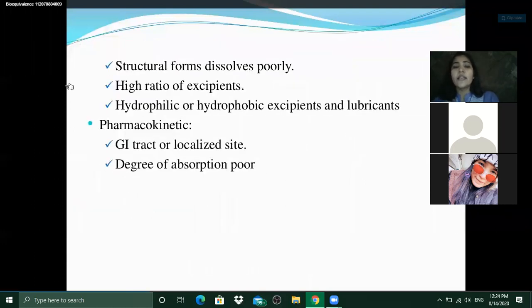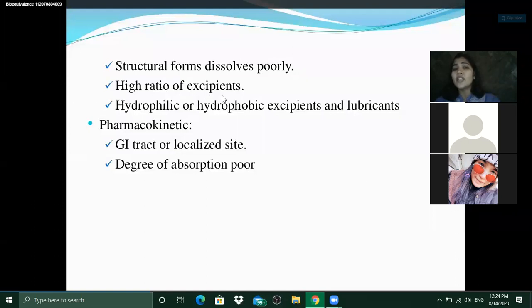Okay. When we are talking about the physicochemical properties, we are talking about the structure of the drug. So, structural forms that dissolve poorly.